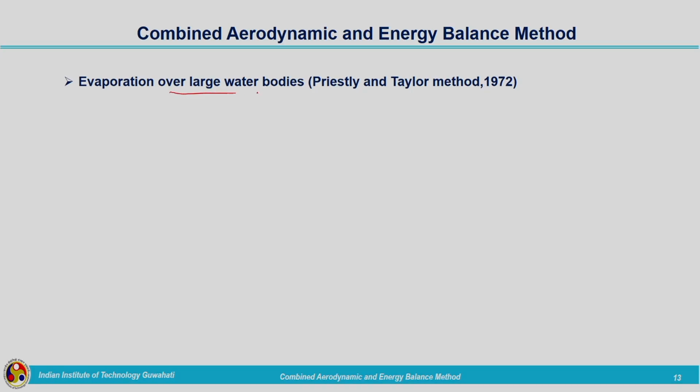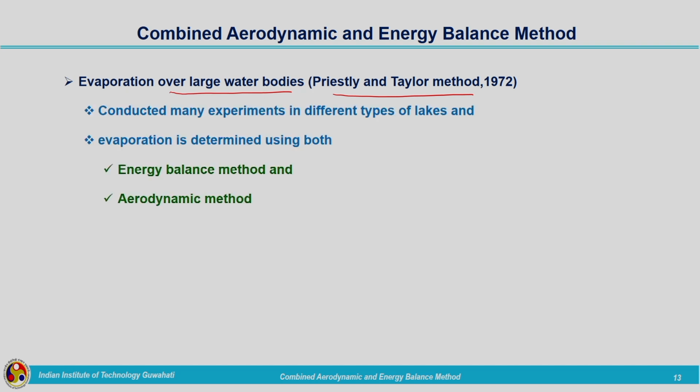Now, when we are talking about evaporation over large water bodies, the method is termed the Priestley and Taylor method, a combination method for determination of evaporation. They conducted experiments in different types of lakes, and evaporation was determined using the energy balance method and also the aerodynamic method.